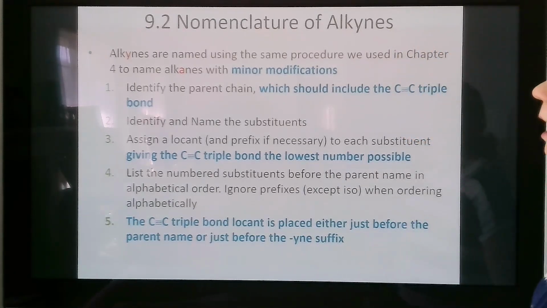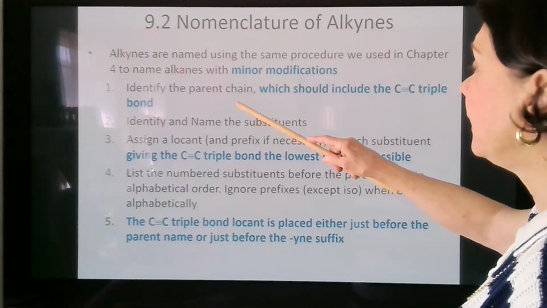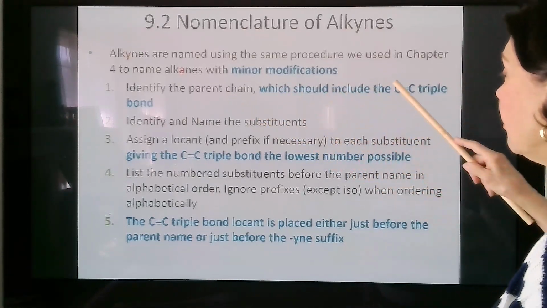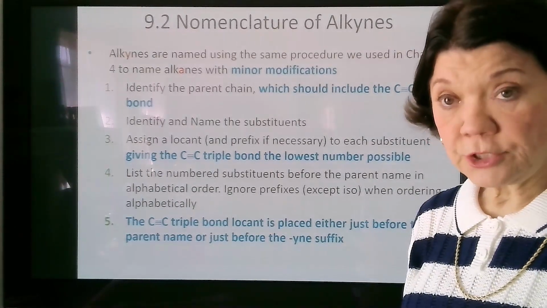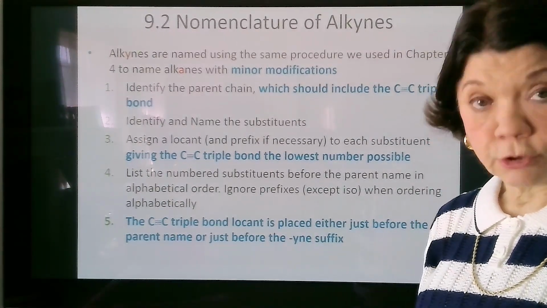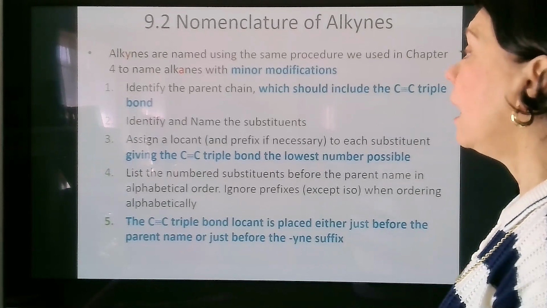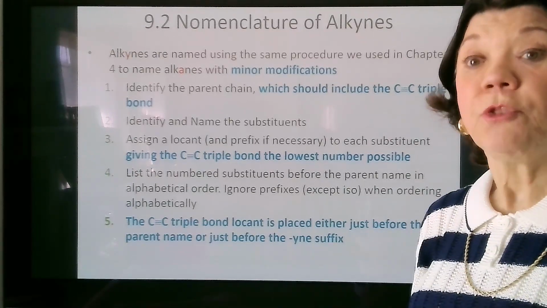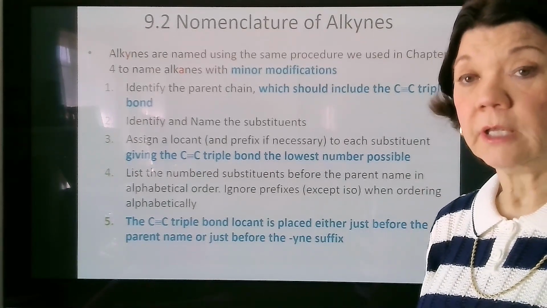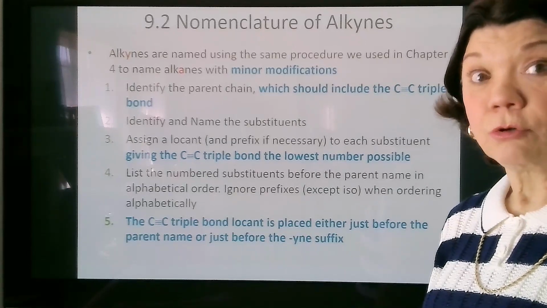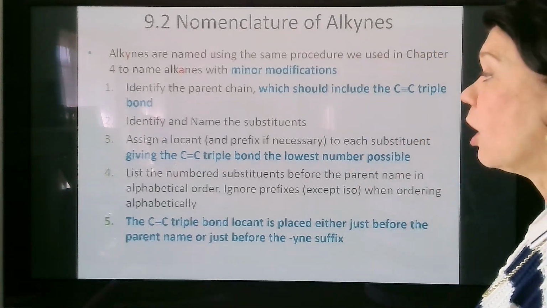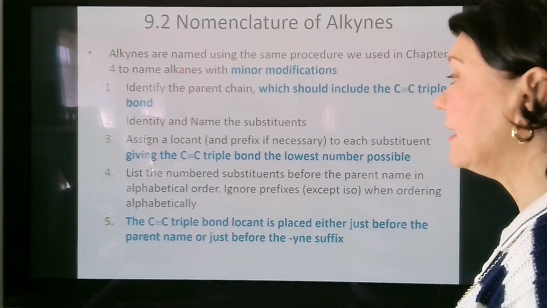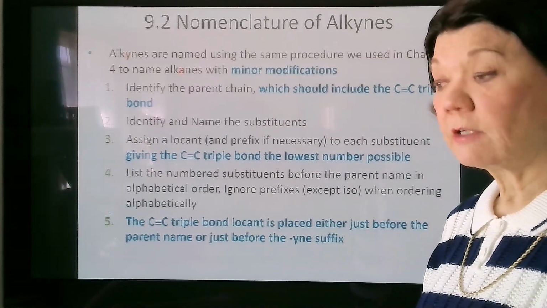Once again, you identify the parent chain, and it must include the highest priority functional group. We're going to look at some in which the carbon-carbon triple bond is the highest priority functional group.